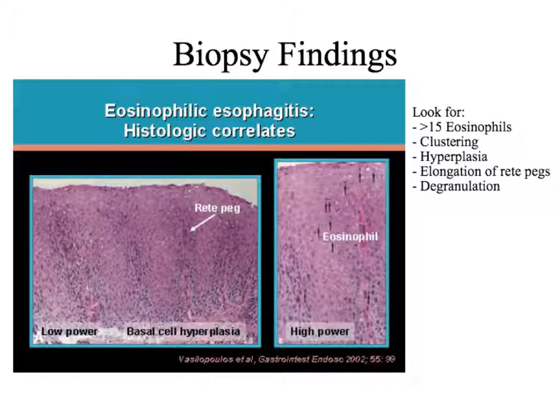So the first thing is, in eosinophilic esophagitis, you're going to have eosinophils, so you're going to have at least greater than 15, and that's the most recent number put out by the International Gastrointestinal Eosinophil researchers, and it's also the number that was decided on in 2013 by the American College of Gastroenterology.